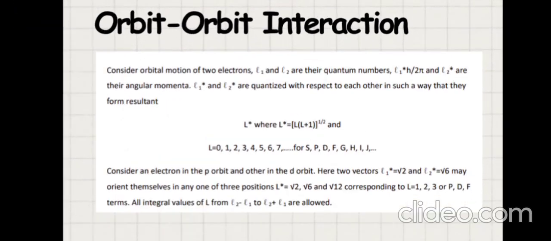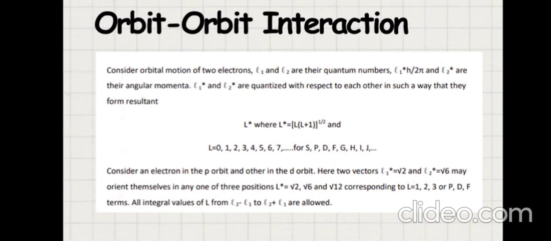So, orbit-orbit interaction. Consider the orbital motion of two electrons, L1 and L2 are their quantum numbers. L1* h/2π and L2* h/2π are their angular momenta. L1* and L2* are quantized with respect to each other in such a way that they form a resultant L*, where L* is equal to [L(L+1)]^(1/2), and L is equal to 0, 1, 2, 3, etc. for S, P, D, F, etc. Consider an electron in the p orbit and the other in the d orbit.